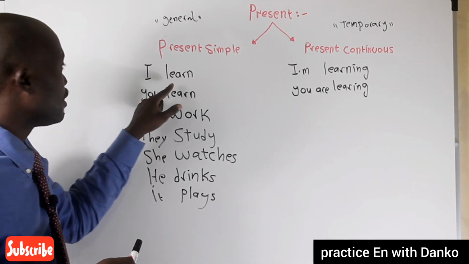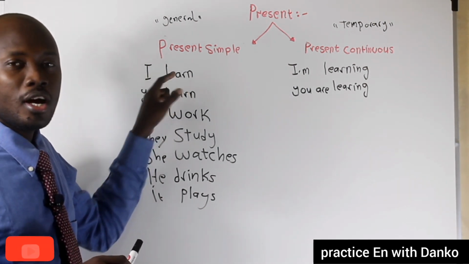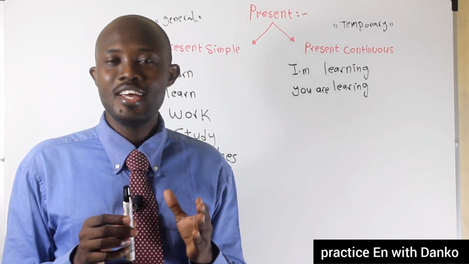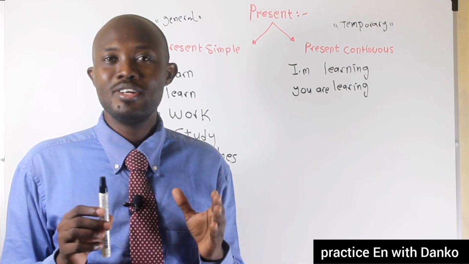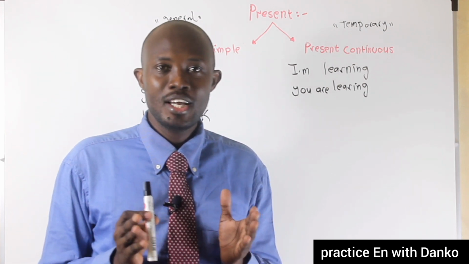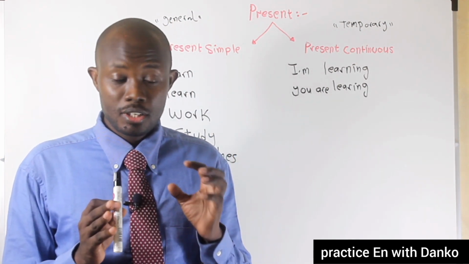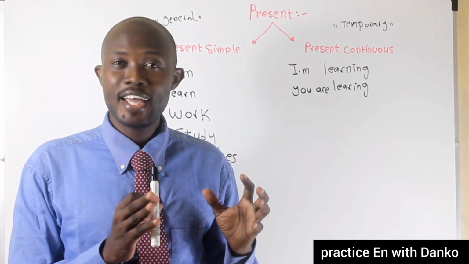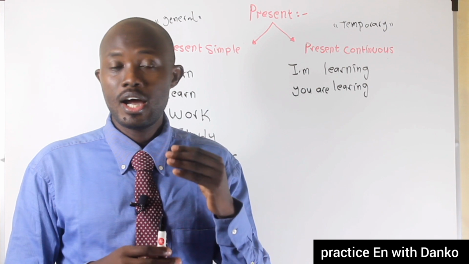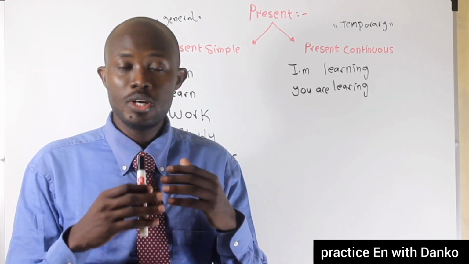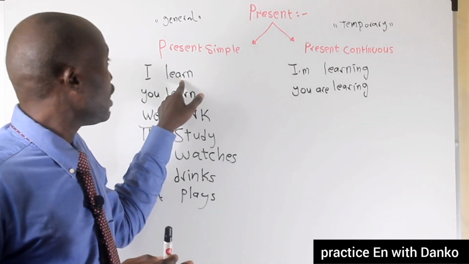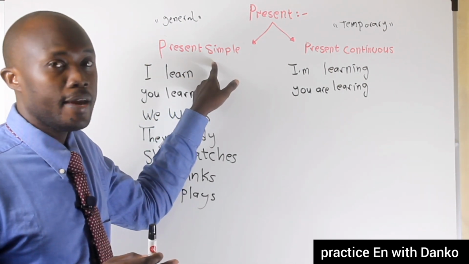I learn. That is general. It means a present simple tense. I learn, but I don't classify what kind of subject I'm going to learn about, or at what time I'm going to learn. Yes, I learn. This is a present simple.